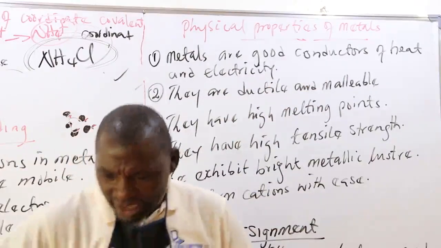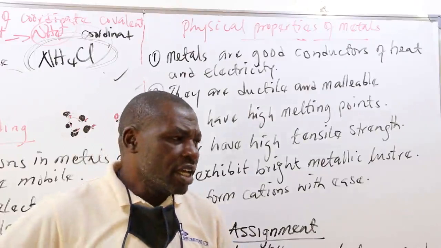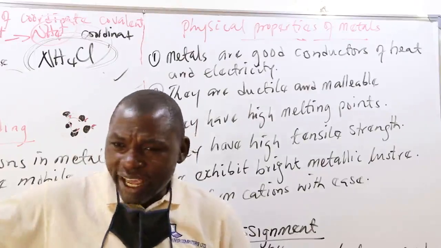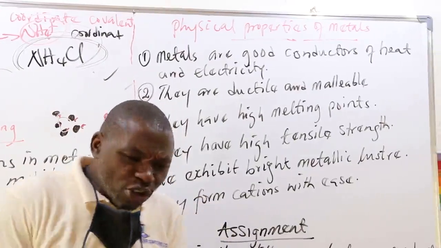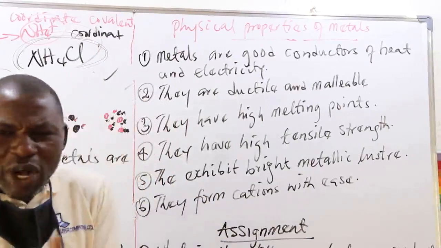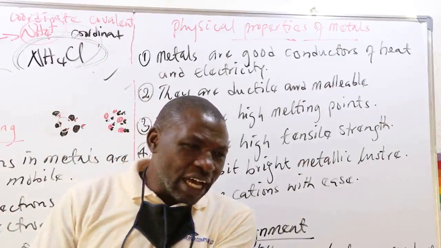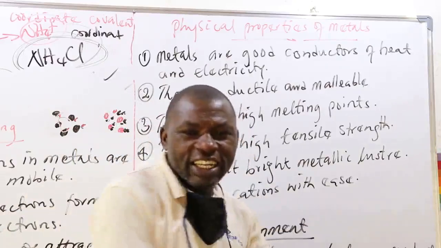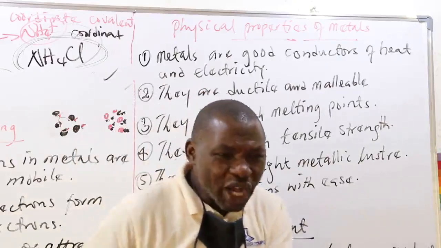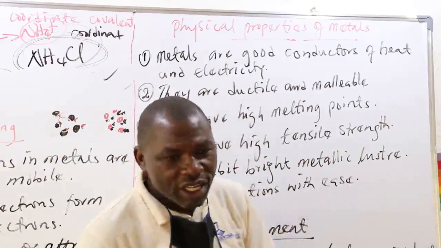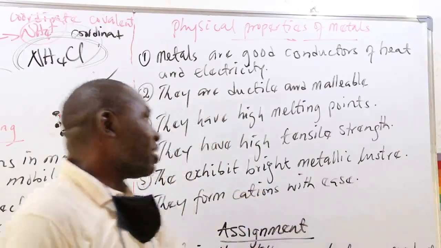Once you connect electric current from one end, the mobile electrons, because they are free to move, will carry the electric current from one end of that conductor to the other. As they move, they carry the electric current along. That's why we say they conduct electricity.